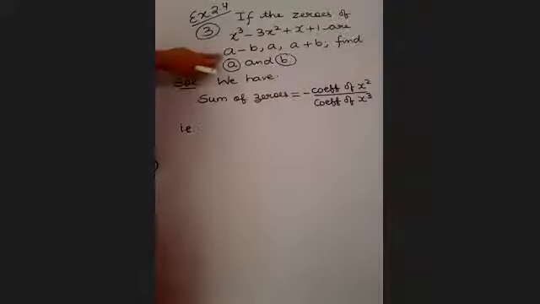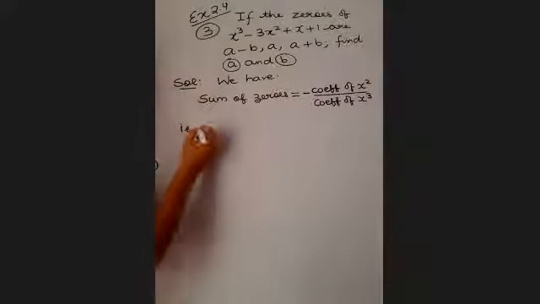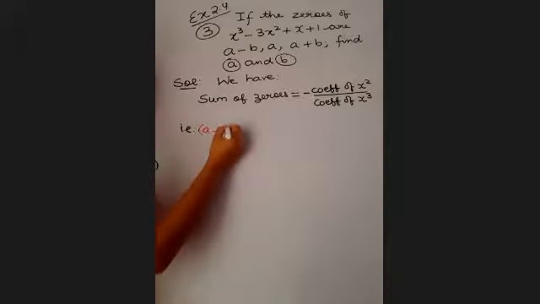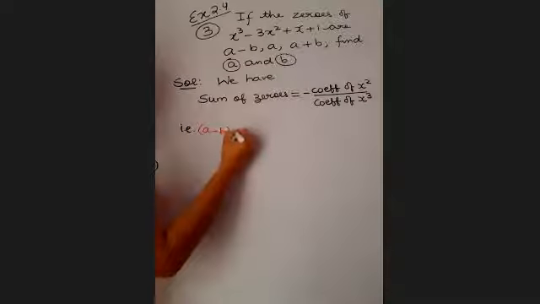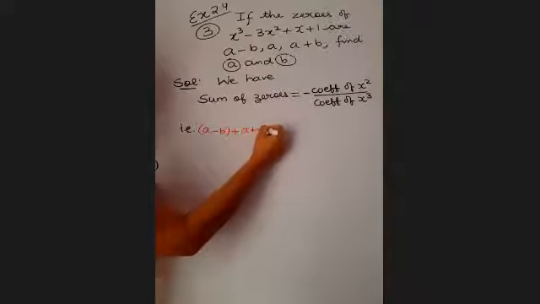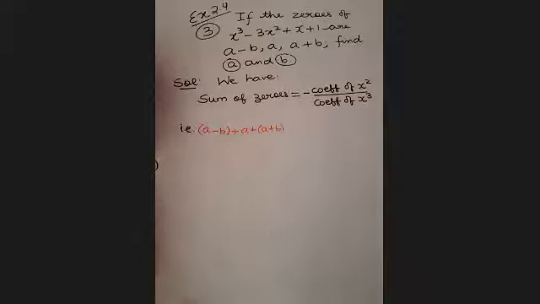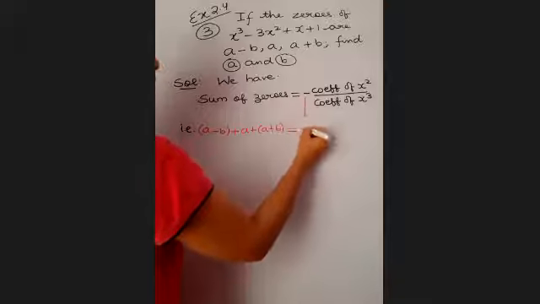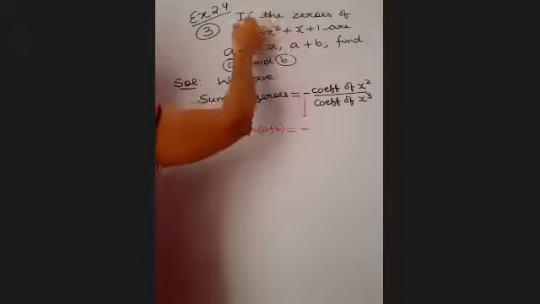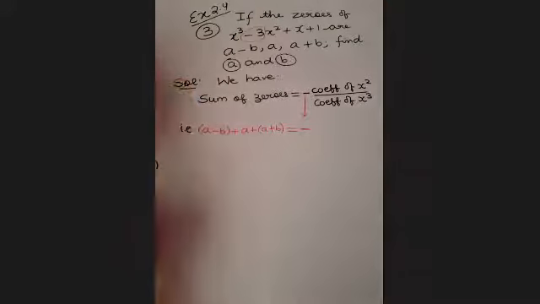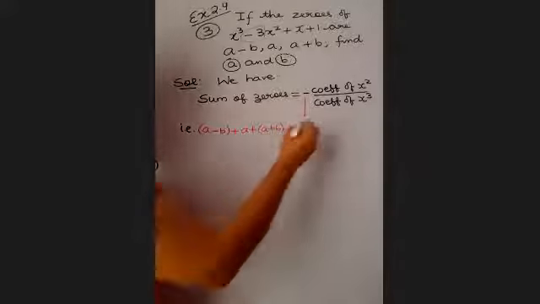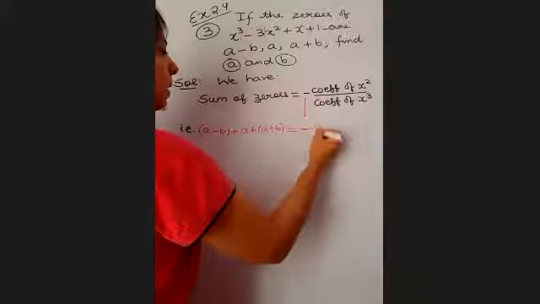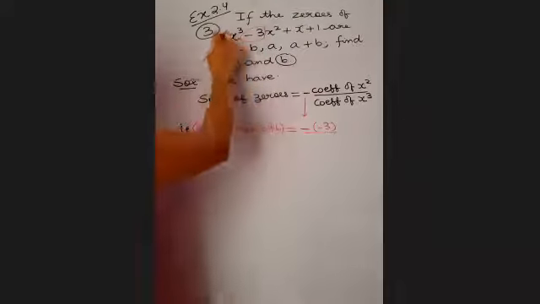Now what is the sum of zeros? The zeros given to us are a minus b, a, and a plus b. This should be equal to minus coefficient of x square divided by coefficient of x cube.